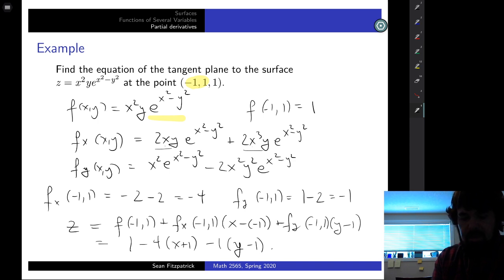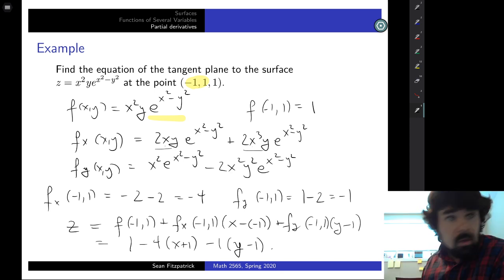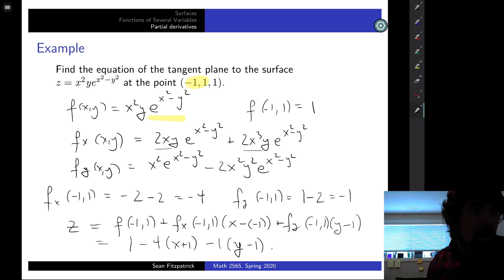You can get me on Piazza, and oh, I might have a mistake. Shouldn't the second part be x squared y? Maybe. The second part should be, so it is x cubed. Yeah, sorry, thanks for the question.